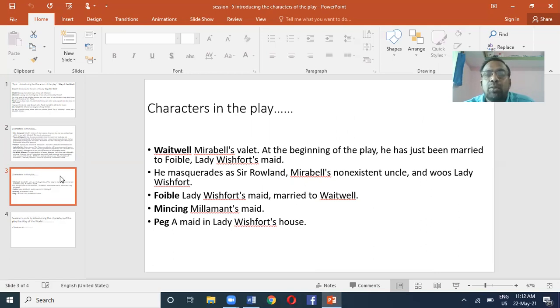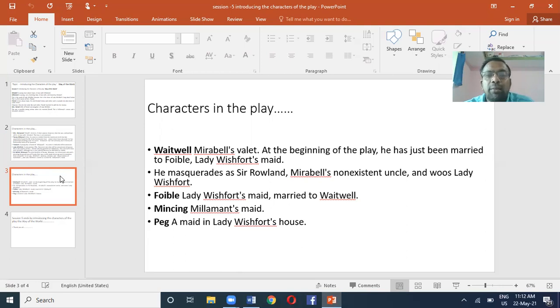Both were in the same profession, that is servants: Waitwell was working as a servant, and Foible also was working as a housemaid. Both married. At the very beginning of the play, we see the marriage of the servants of Wishfort and Mirabel.